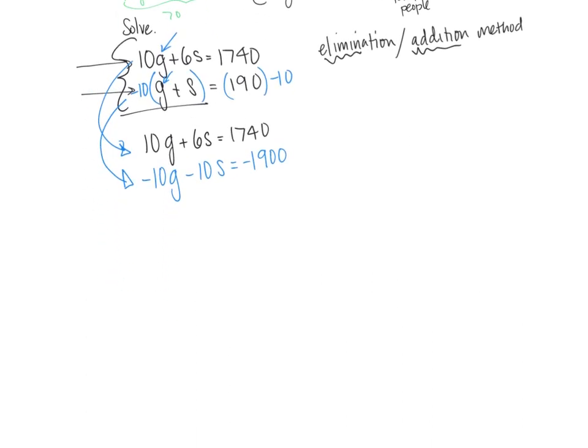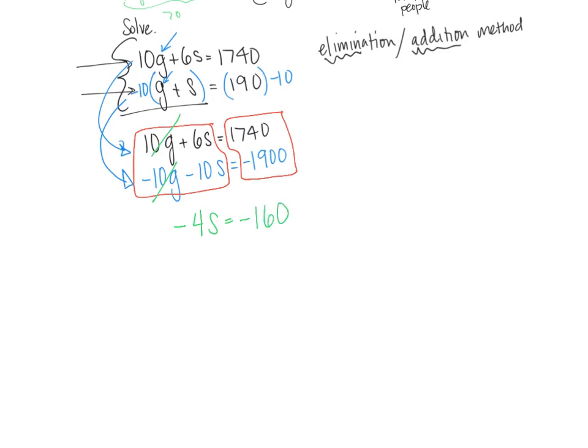And so again, if I add the two left sides together and then add the two right sides together, this would still maintain balance in my equation. But look what happens now. If I add the left sides, my G's will cancel. So if I take 6S minus 10S, that makes negative 4S. And then on the right side, when I take 1740 minus the 1900, I end up with negative 160.